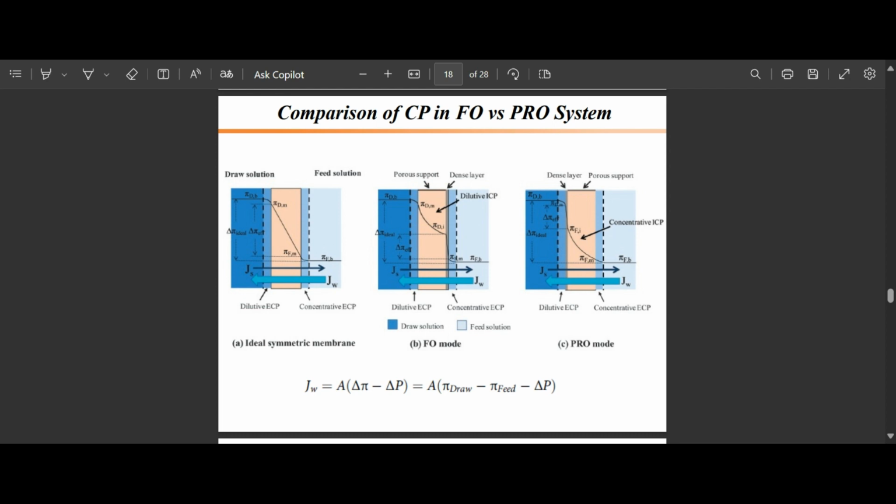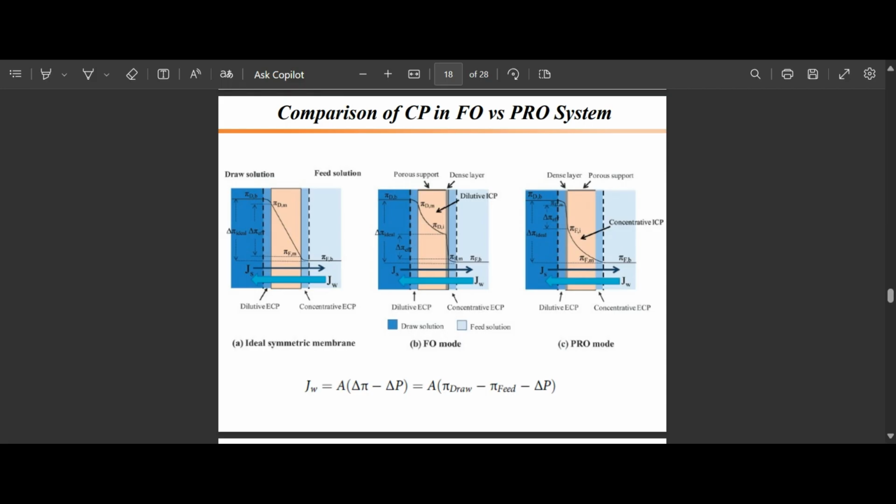Why do we need to position the active layer facing the draw solution side in PRO mode? You studied in the other class? Excellent. Why? FO, PRO, same direction of JW and JS. Why do we have to position the active layer toward the draw solution side?